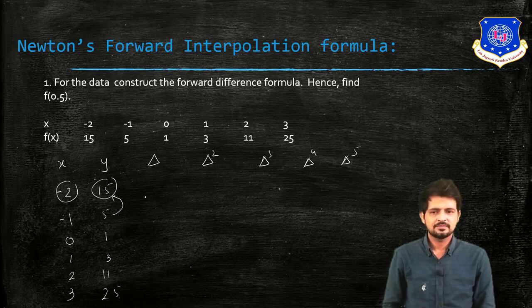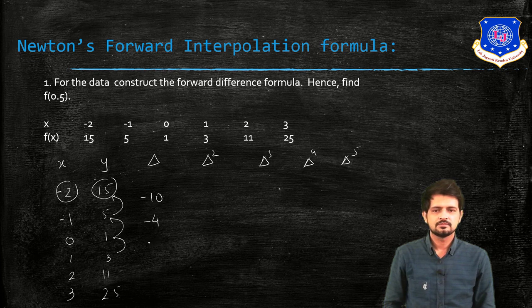So 5 minus 15 is minus 10, 1 minus 5 is minus 4, 3 minus 1 is 2, 11 minus 3 is 8, 25 minus 11 is 14.